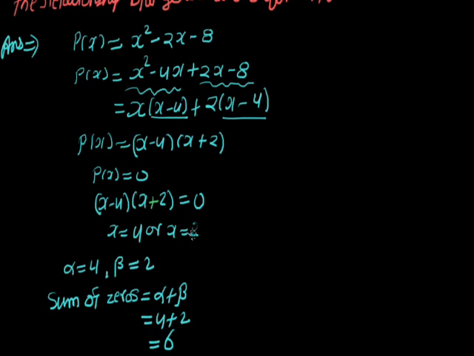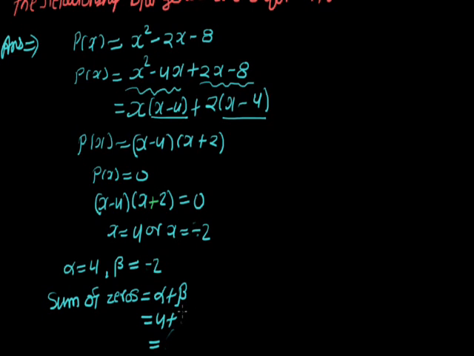So alpha is equal to 4 and beta is equal to minus 2. Okay, we have done some mistake, so we can rectify it like this.